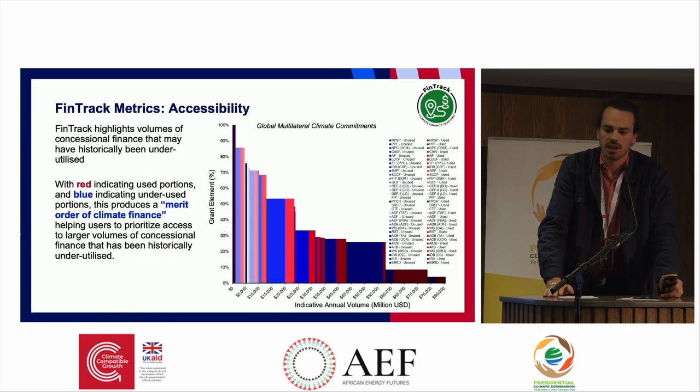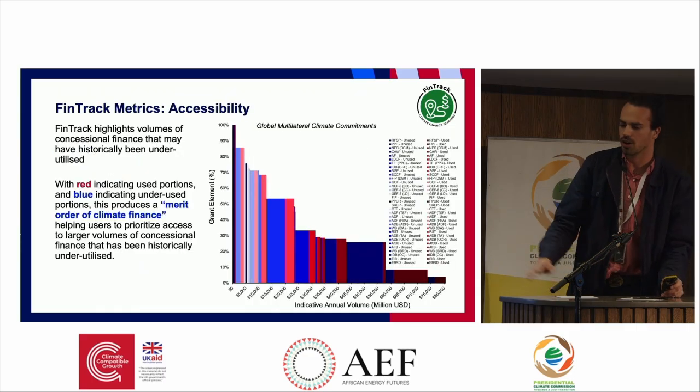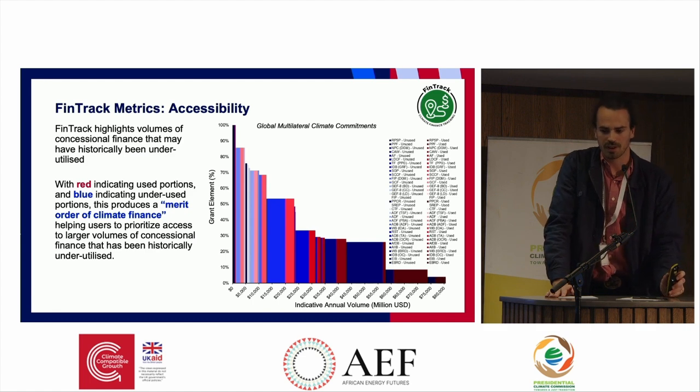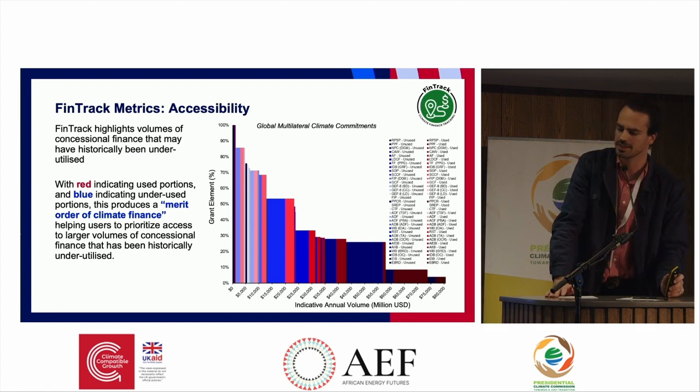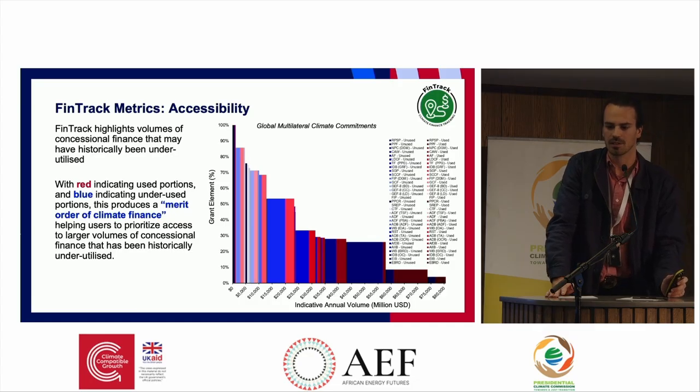We take stock. This is a representation of the current global climate finance, with reds and blues indicating uptake ratios. So blue is finance that is currently being underutilized, whereas red indicates current climate finance that has been taken down by countries.